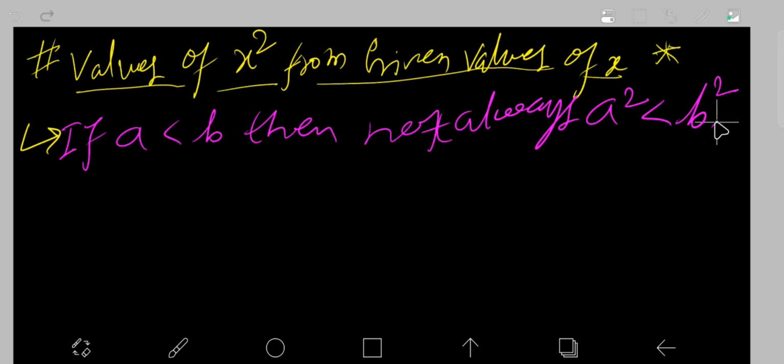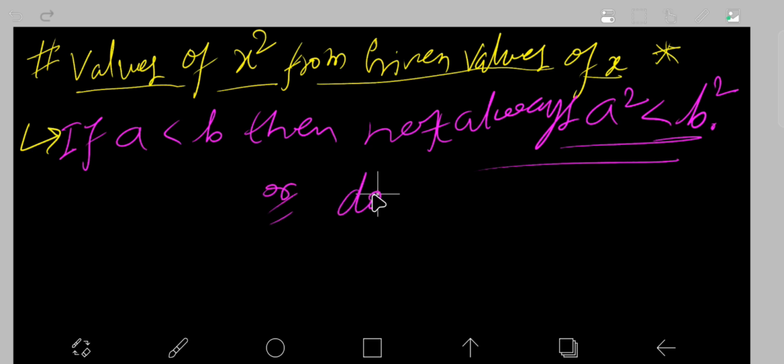When this condition holds, just think, it does not always hold. This is not correct. We also write that it does not always follow.